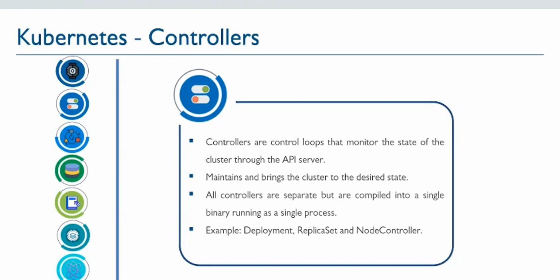I want replica count 2, but I'm only running replica 1. So the controller is going to create the new pod for me. That is the self-healing architecture provided by Kubernetes. You can also call it the fault tolerance nature of Kubernetes. It will always maintain and bring the cluster to the desired state.